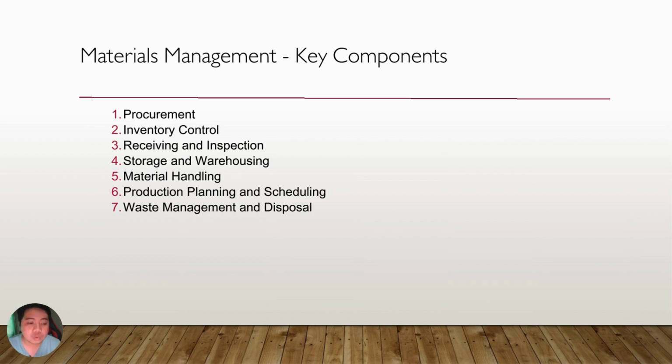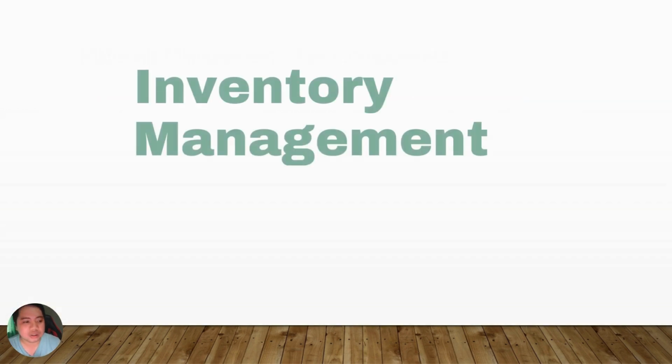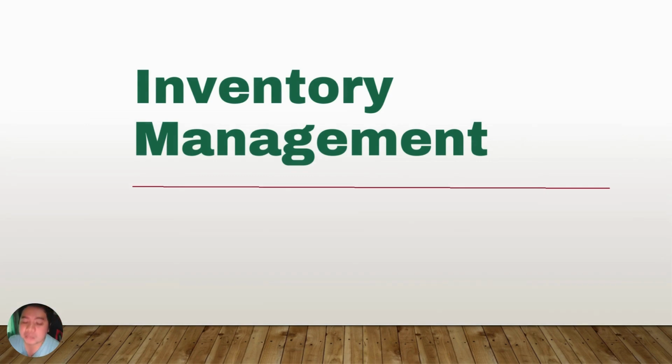Let's go to one of the meatiest parts of the report: inventory management. Inventory management refers to the process of overseeing and controlling the ordering, storage, and utilization of materials which are used in production.